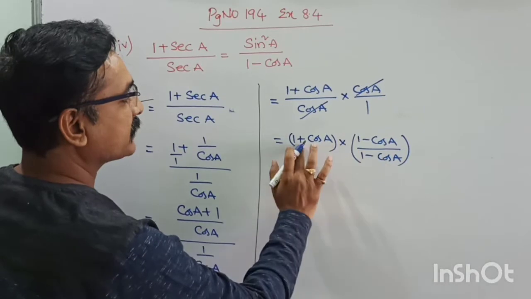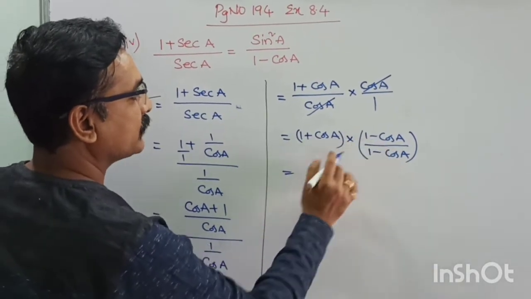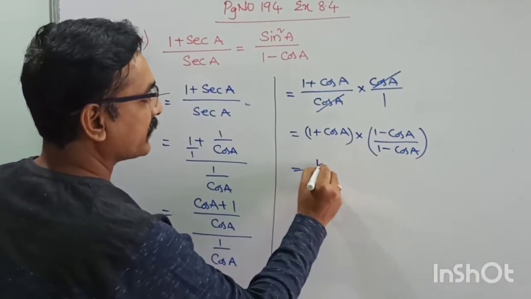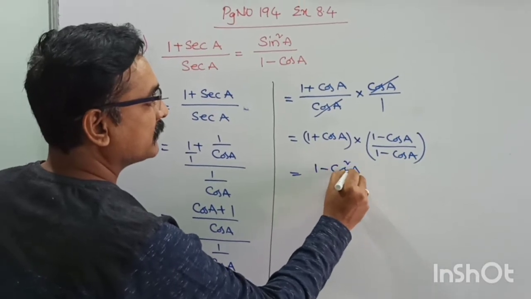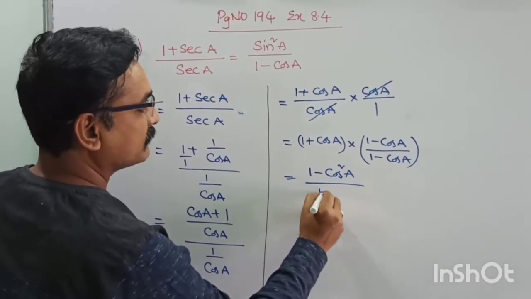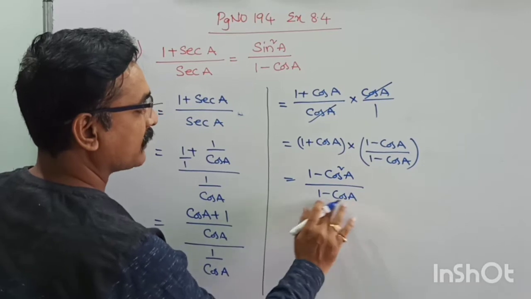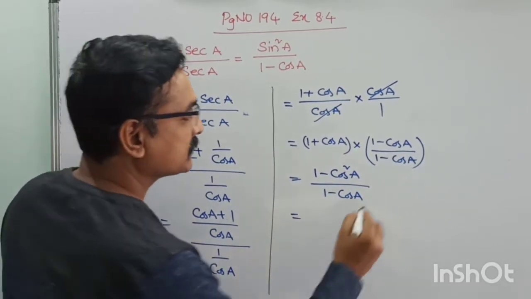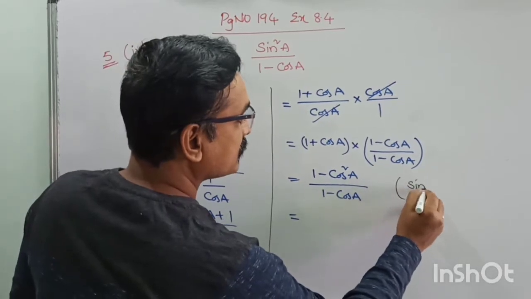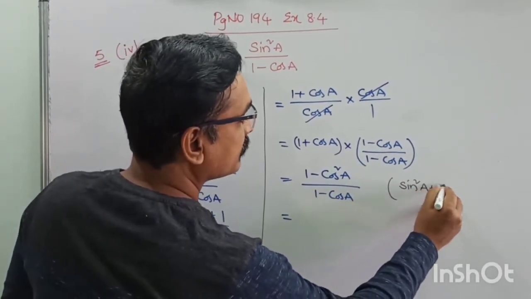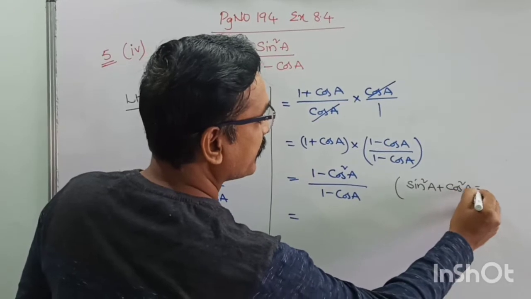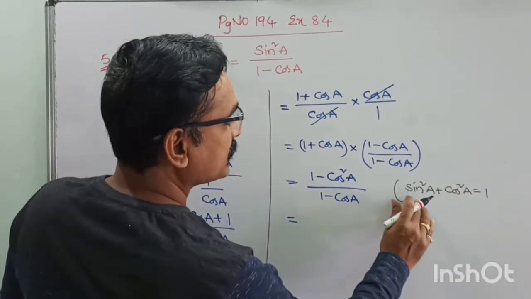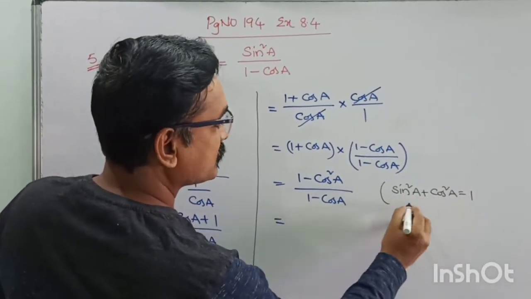Now it is in the form of (a plus b) into (a minus b), so we can write a square minus b square. In the denominator we have 1 minus cos A. Now we have the identity sin square A plus cos square A equals 1.